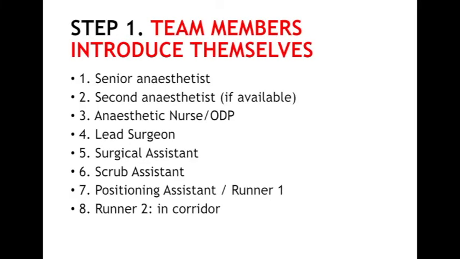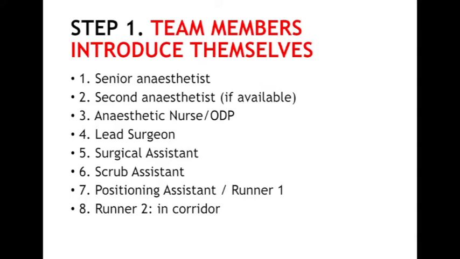Mirroring the WHO checklist, step 1 is for team members to introduce themselves: the senior anaesthetist and airway lead, with second anaesthetist if available, anaesthetic assistants, the lead surgeon and surgical assistant, the scrub assistant, and number 7, the positioning assistant or first runner.